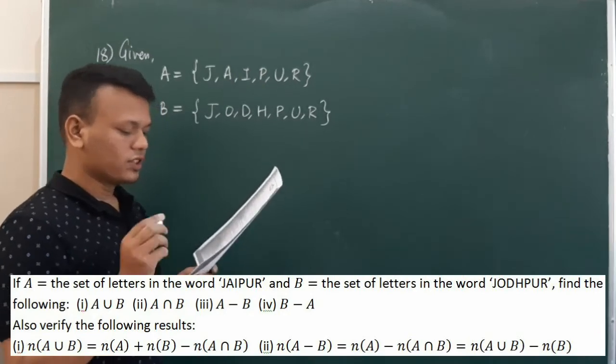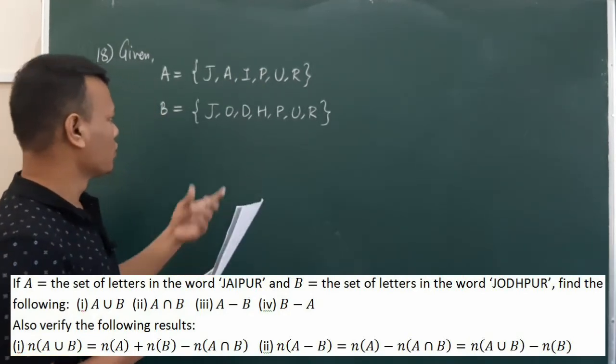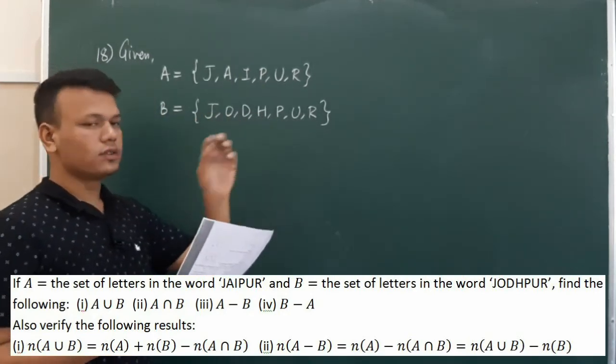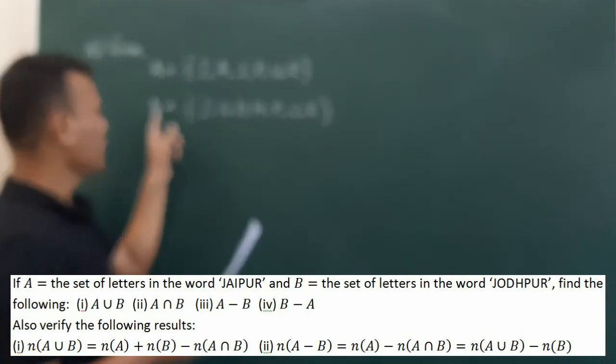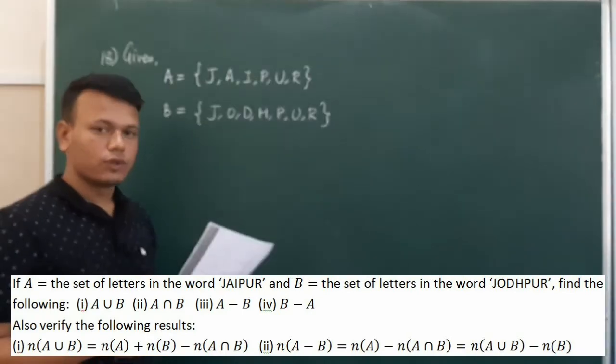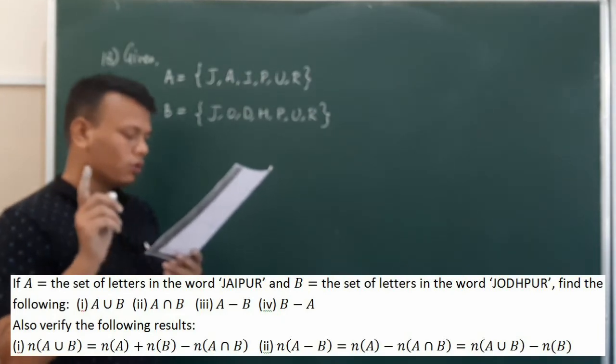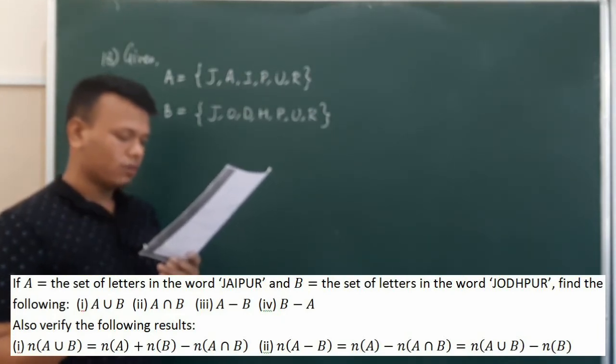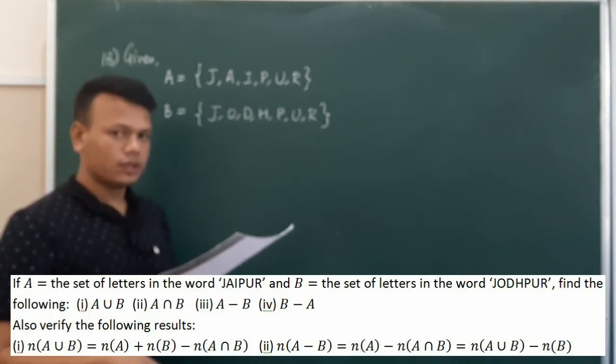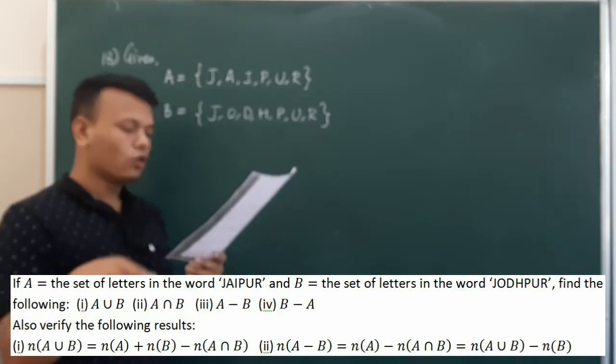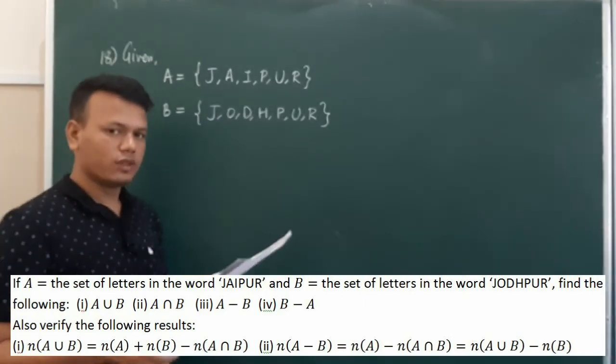And B equals the set of letters in the word Jodhpur. Jodhpur also contains all distinct letters, so set B is written this way. You need to find A union B, A intersection B, A minus B and B minus A, and also verify the following results. That part we'll see later.